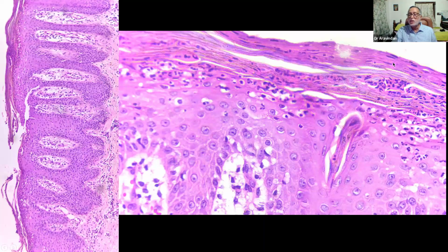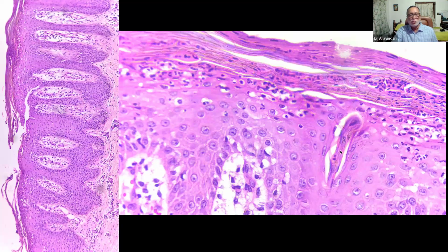It may be there in the corneal layer or in the spinous layer in the form of spongiform pustules that you see here. Spongiform pustules of Kogoj, it is called. Dermatologists are very fond of giving names to all diseases, but now the names are too much to remember, so they're slowly phasing out and giving other kinds of names.